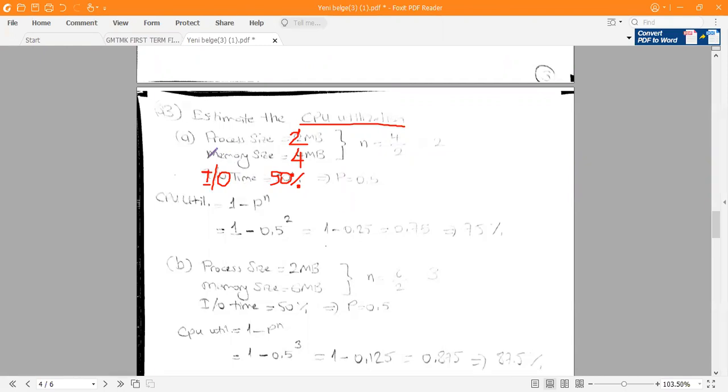So process size is 2 megabytes, memory size is 4 megabytes.